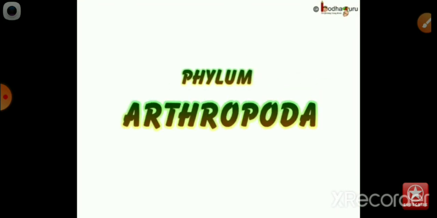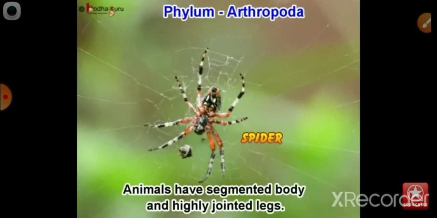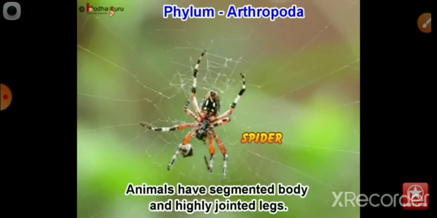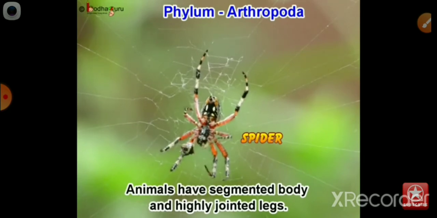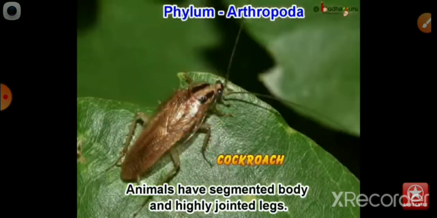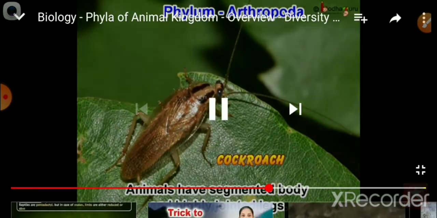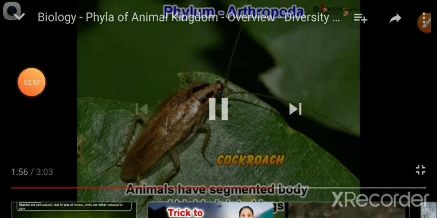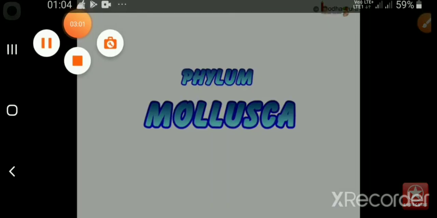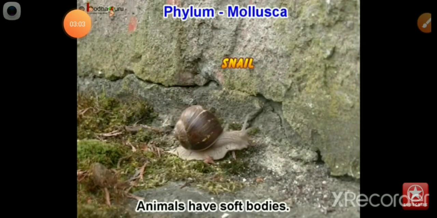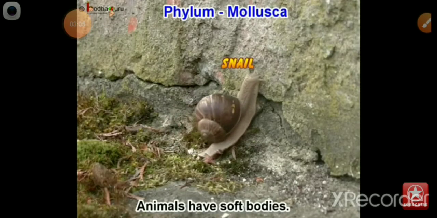Then phylum Arthropoda. These animals are having a segmented body and they are having jointed legs, as spider, cockroach, etc. Phylum Mollusca.